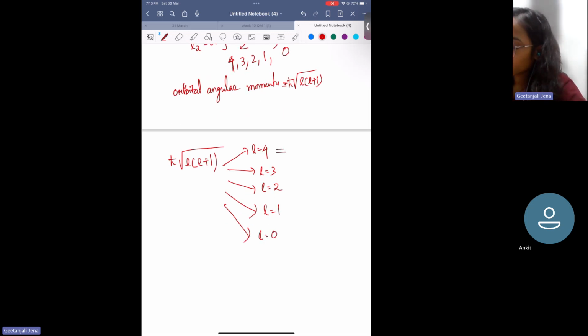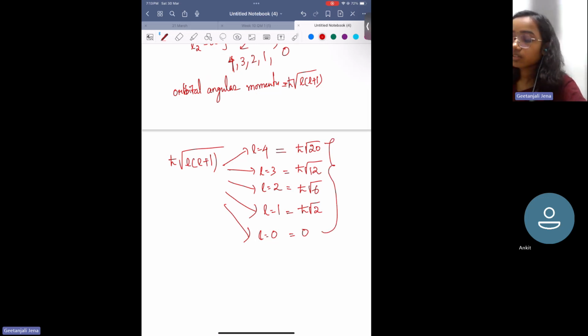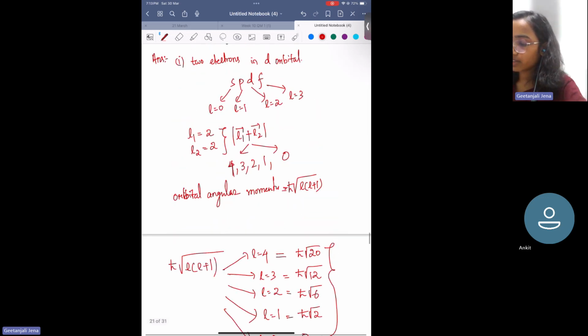If you put these values, for 4 it would be 4 into 5. So it would be h cut root over of 20, h cut root over of 12, h cut root over of 6, h cut root over of 2, and this is 0. So these are the possible values of orbital angular momentum that the two electrons can have in the d orbital.